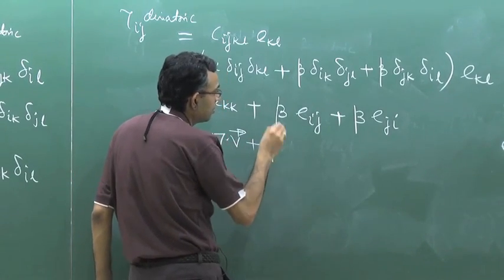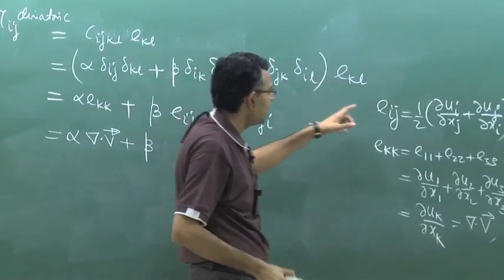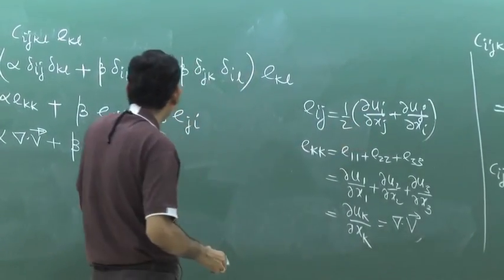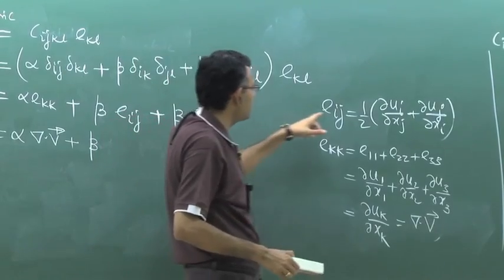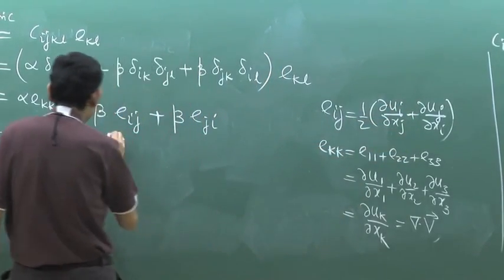beta. What is Eij and what is Eji? See, Eij and Eji are the same. So, Eji plus Eij is basically del ui del xj plus del uj del xi.